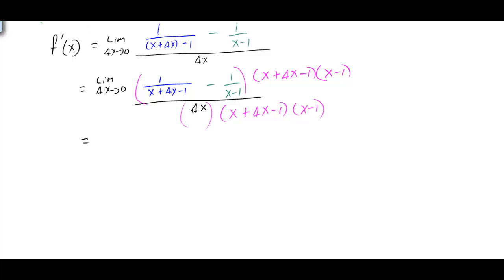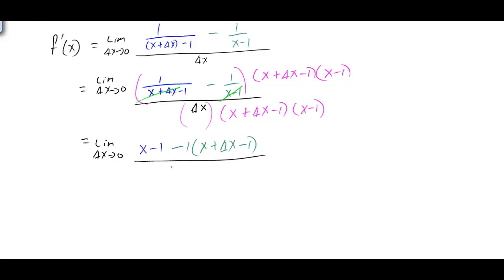Now, when we multiply the numerator, the x plus delta x minus 1 is going to cancel out, so this part's going to cancel, and all we have left then is the 1 multiplied by x minus 1, so we're going to be left with x minus 1 minus, and this time the x minus 1 is going to cancel, so we're going to be left with this minus 1 being multiplied by the x plus delta x minus 1.